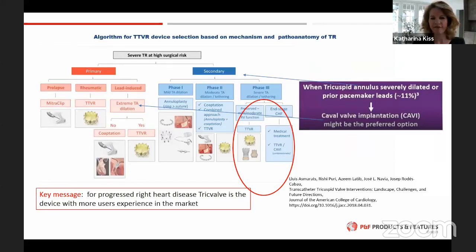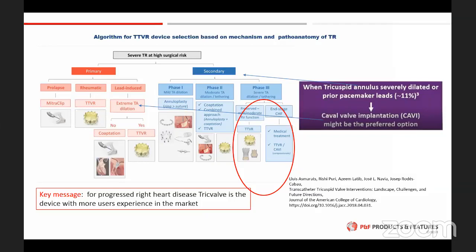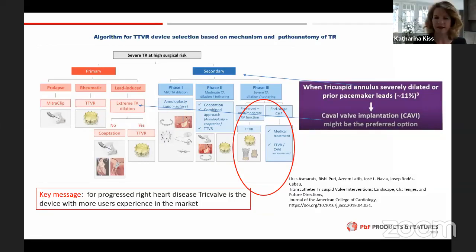Here we see that in phase 1 and phase 2, with a mild tricuspid annulus dilatation and moderate tethering, we can use the annuloplasty devices, we can still use the cooptation devices, but as soon as we enter phase 3, with severe tricuspid annulus dilatation and tethering and a large coaptation gap, we will not be able to use those devices. So here the TricValve is the device of choice, especially if pacemaker leads are present.